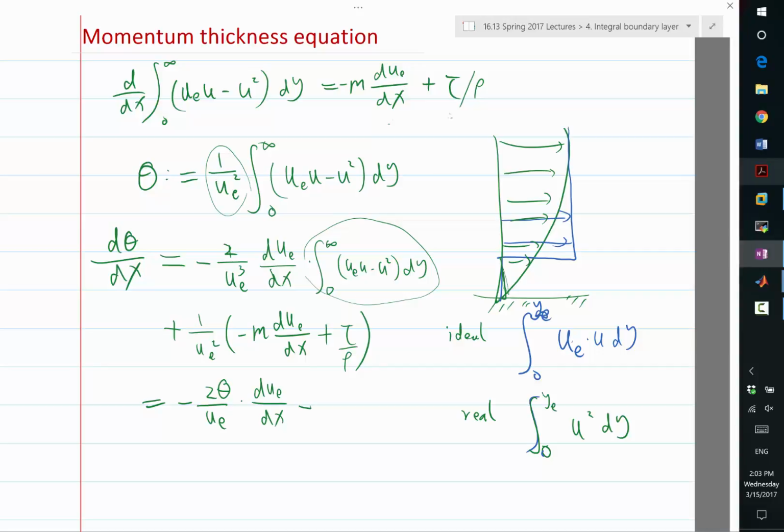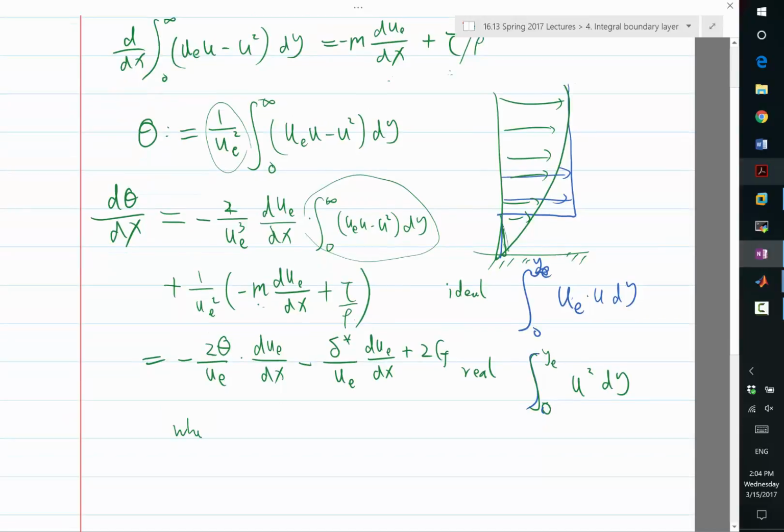The displacement thickness, right? m is the mass flux defect. So minus again delta star over ue times due dx, and then plus tau over rho ue squared, which is 2 times the skin friction coefficient, where the skin friction coefficient is defined as tau over half of rho ue squared.